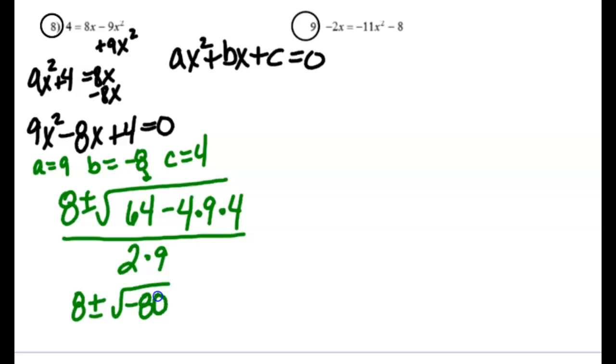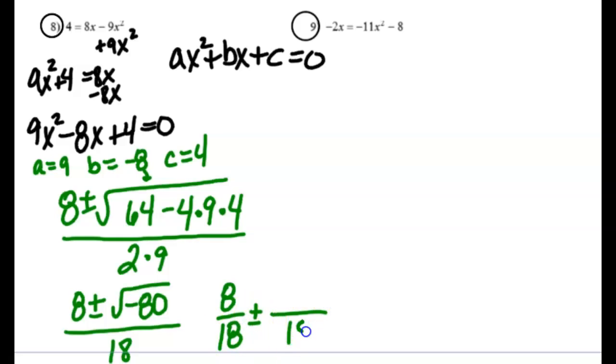Well, this one's good practice because we're going to have to do some simplifying. And the denominator is 18. All right, I'm going to leave the 8 over 18. And plus or minus, this is also going to be over 18, but we need to do some stuff with that. Okay, it's the square root of -1, or i.